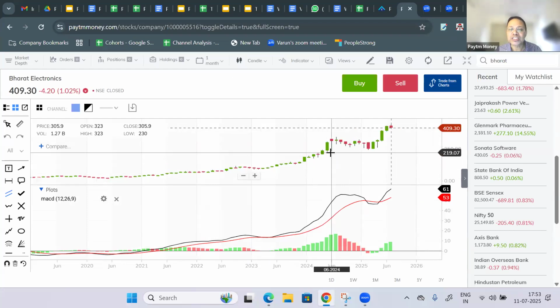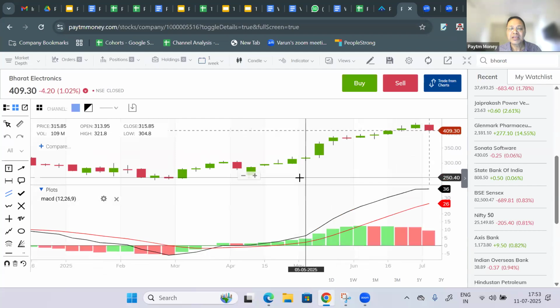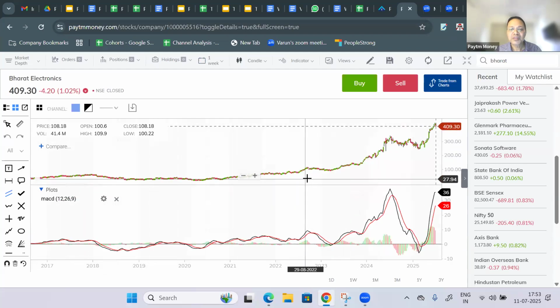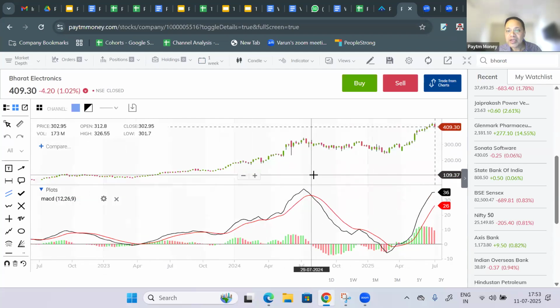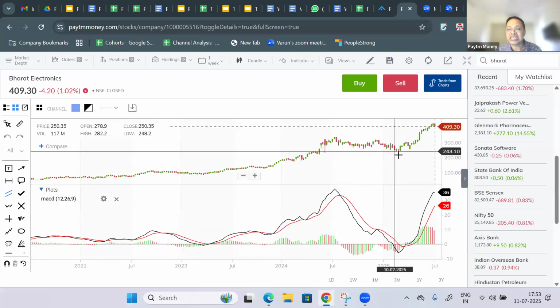This is the zone. It came very close to the zone. This is a very good zone. It didn't come to the zone only, it was on a downward consolidation. If you look at the weekly, it's very beautifully consolidating on the downside here actually.